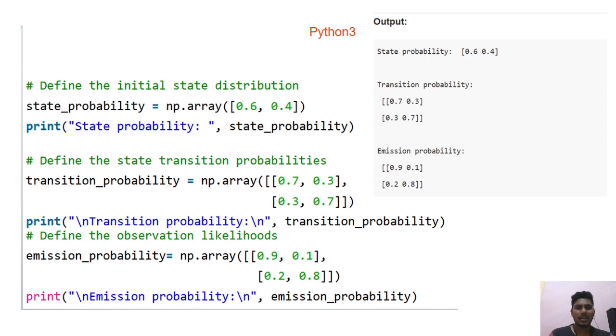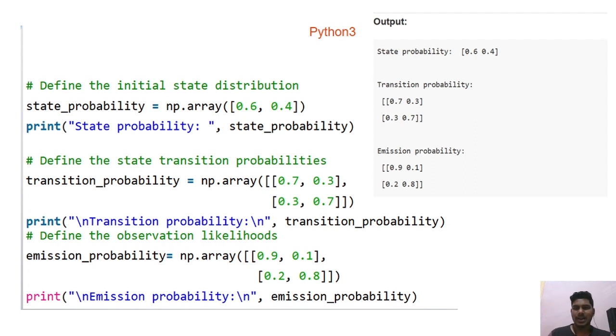The same goes for defining the state transition probabilities and the observation likelihoods. The transition probability is np.array in array form as 0.7, 0.3, 0.3, 0.7, and we are printing out the outputs. Next we are defining the observation likelihoods. Emission probability equals np.array in the format of 0.9, 0.1 and 0.2, 0.8, and we are printing out the emission probabilities.